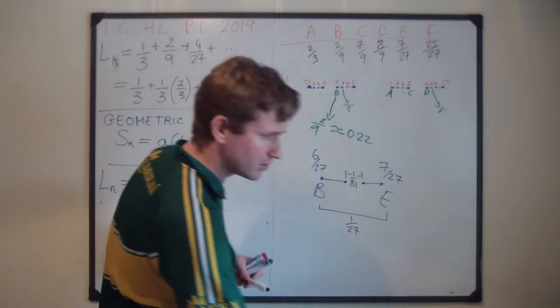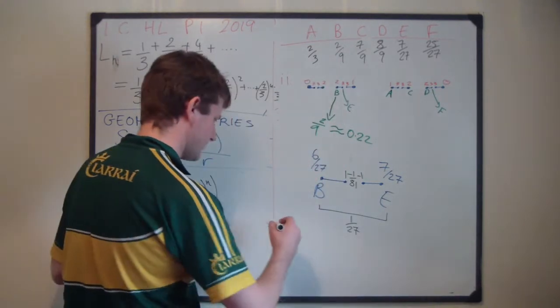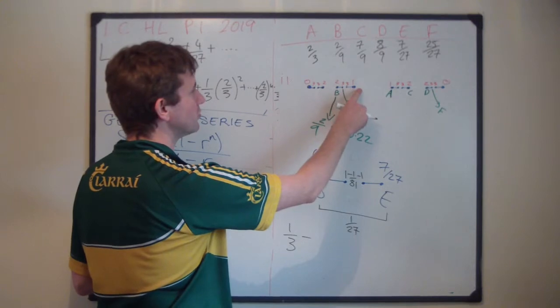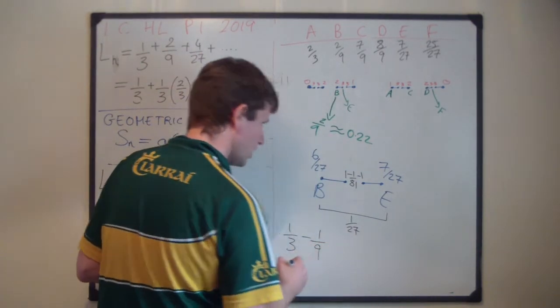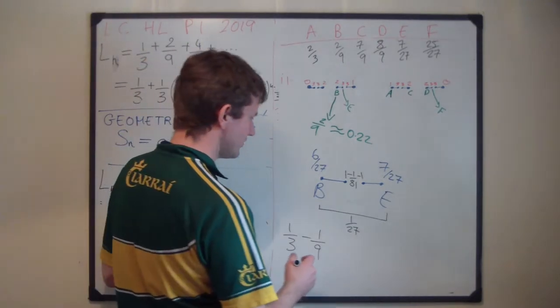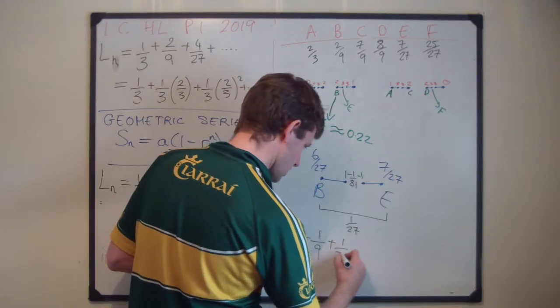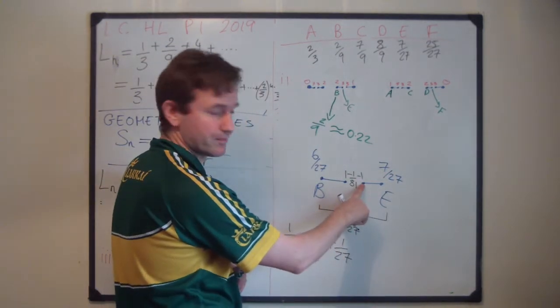So I think what we're going to find is the number we're looking at here is 1/3 minus, that's here, minus 1/9, that's B, plus 1 over 27 is E, minus 1 over 81 is this point here.